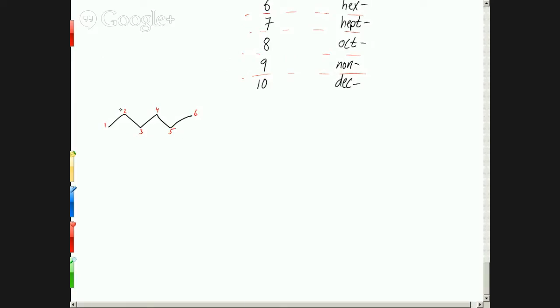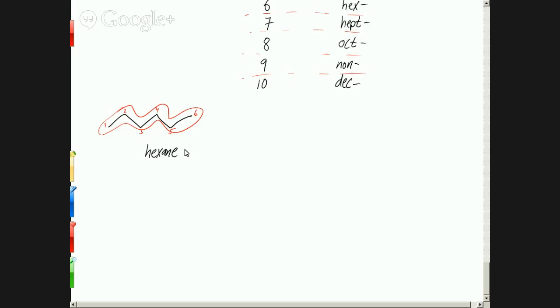And I like to just circle that parent chain just so I know what I'm talking about. If we have a 6-carbon parent chain, then we can write down hexane. That might not be the whole name. We'll have to check the prefix, but that is at least going to be part of the name for sure. If we see that 6-carbon parent chain, we know it's a hexane. Now, is anything hanging off that chain? Is there any other stuff that's not accounted for? There isn't, right? That is everything. So this molecule is just called hexane, and that's the name, and that's it.